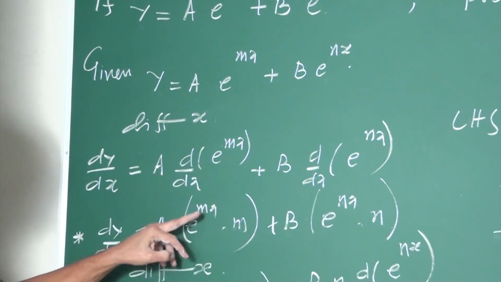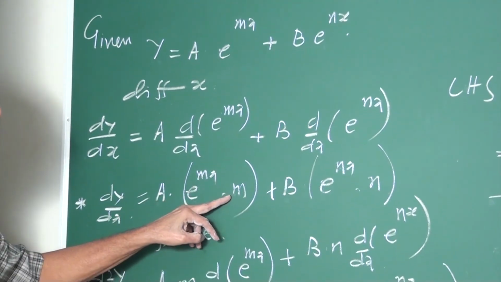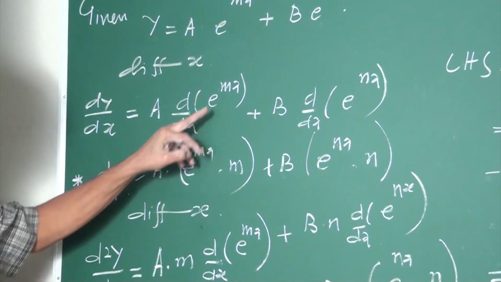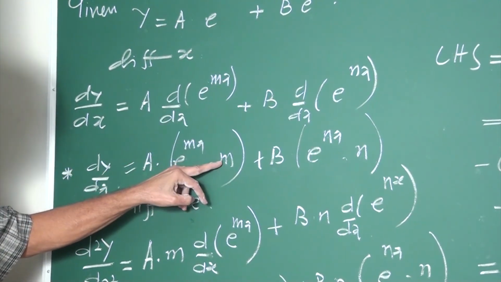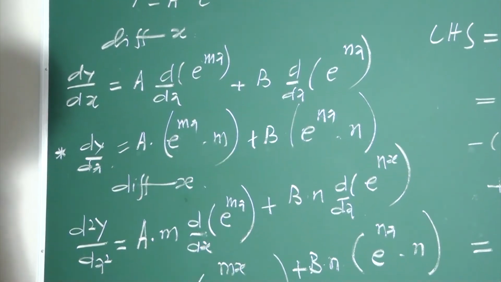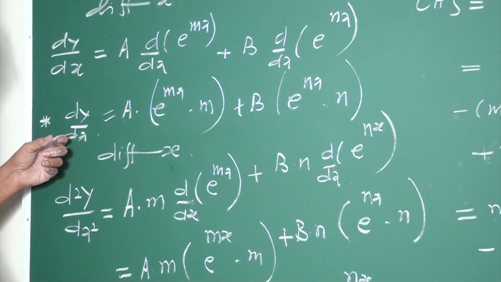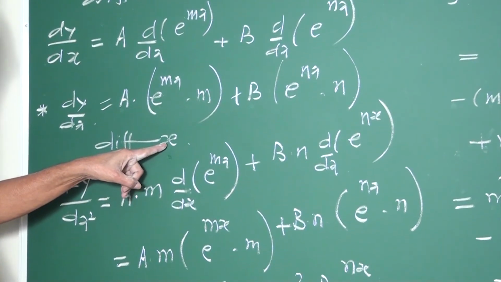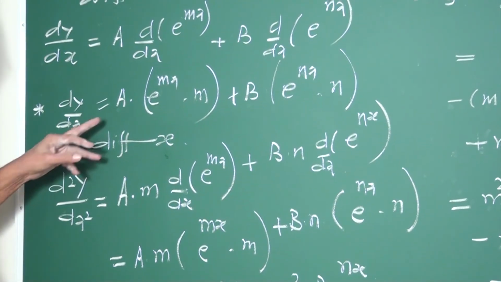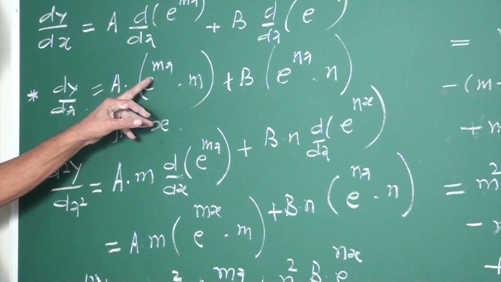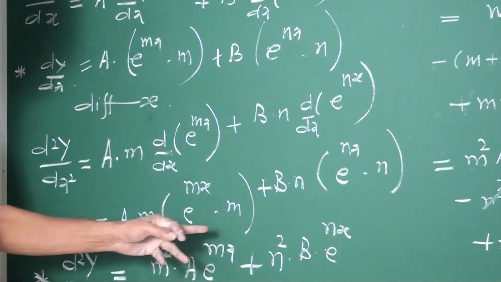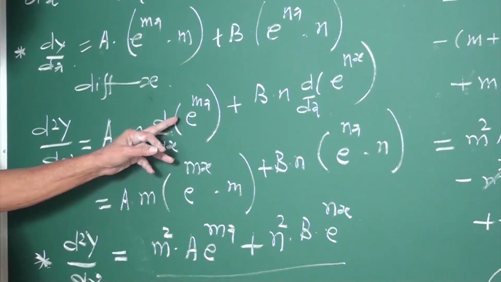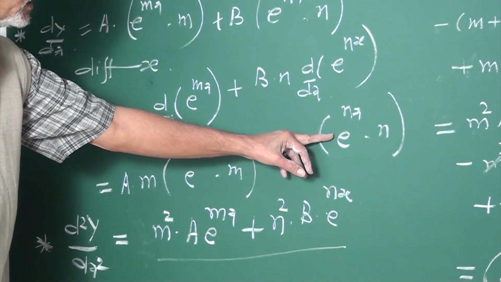Derivative of e to the power mx is m times e to the power mx. If the power is other than x, write its derivative. Same thing. To get the second derivative, differentiate this again with respect to x. Second derivative, a m derivative of this, b n derivative of this. Write the derivative. Clear. No chance of making mistakes.